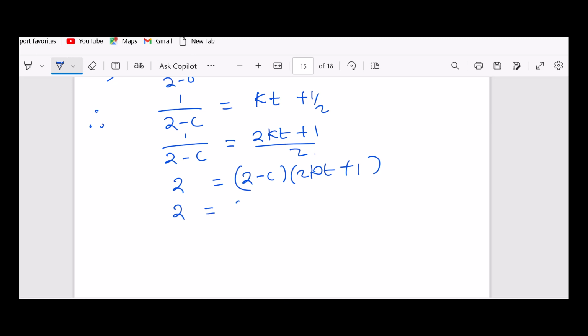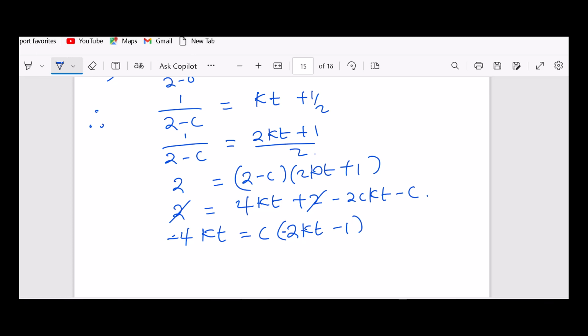This equals 4KT plus 2 minus 2CKT minus C, and so I have 2, this and this will go, so I'll have negative 4KT equals C into brackets 2KT minus 1.